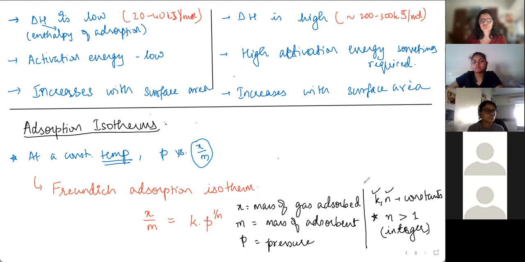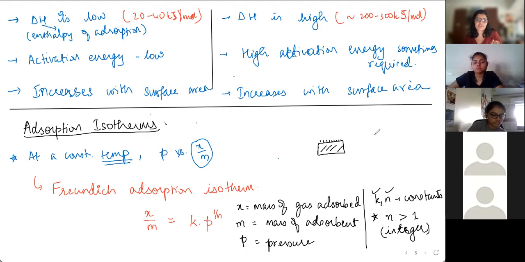X is the mass of the gas adsorbed, m the mass of the adsorbent. So basically, how much gas can accumulate over like 1 kg of the solid or 1 gram of the solid.